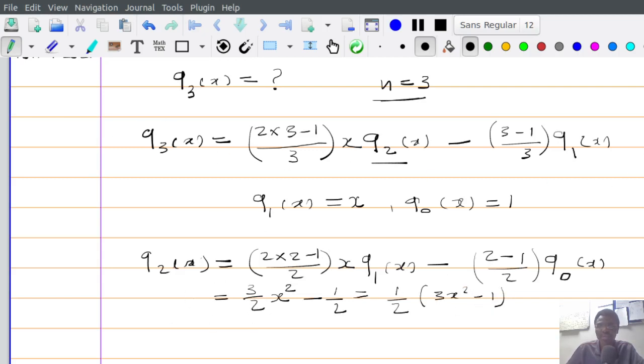Now we can substitute back into this. If you call this 1, this is 2, to just indicate Q2. So substituting, Q3(x) is equal to, as already said, 5 by 3 x into this entire expression.